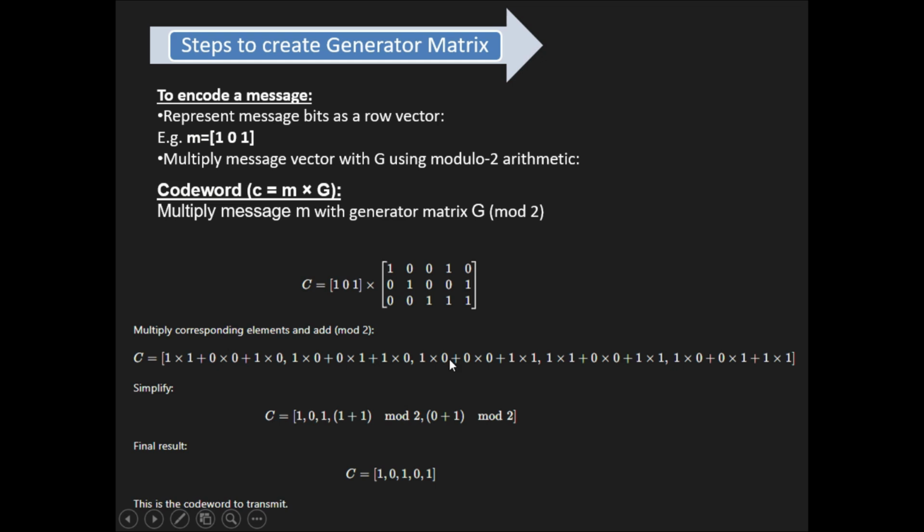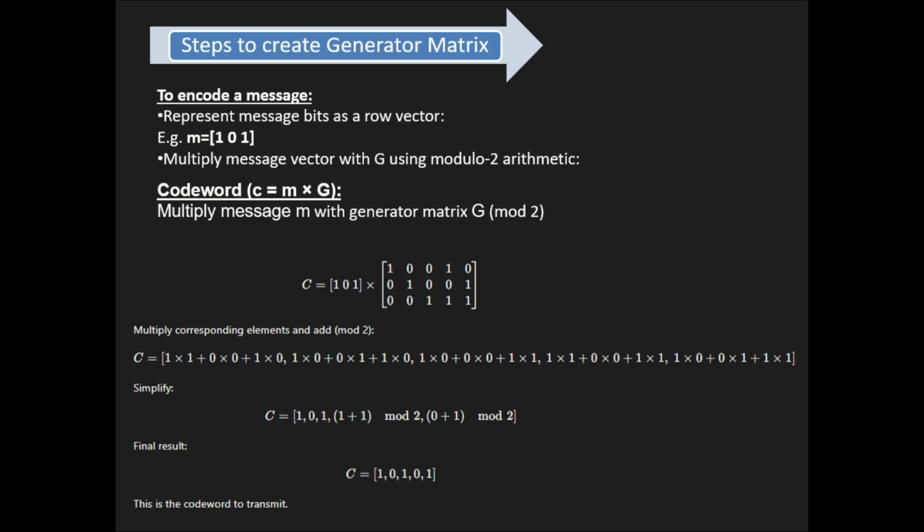Next, 1 into 0 plus 0 into 0 plus 1 into 1. That means 1 is written. Now next, 1 into 1 plus 0 into 0 plus 1 into 1. That means 1 plus 1 is 2. So now we have to use modulo 2 to find the actual digit. 1 plus 1 modulo 2 is equal to 0, because the remainder will be 0.